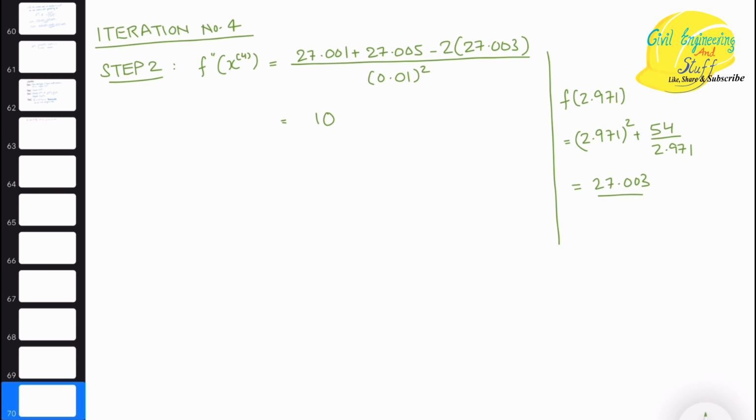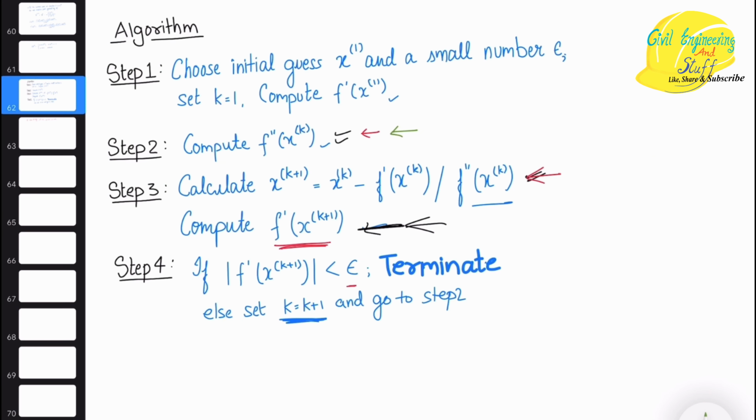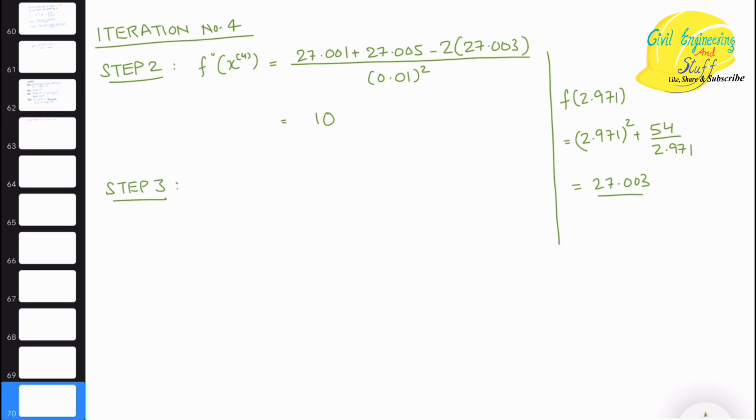So now we'll go to step 3. What was step 3? To find out the new point. So finding the new point, that is x5, which will be equal to x4 minus the first derivative of x4 divided by the second derivative of x4, right?